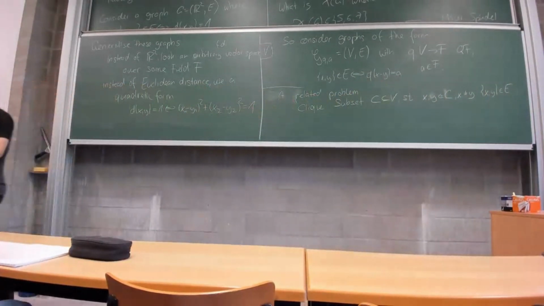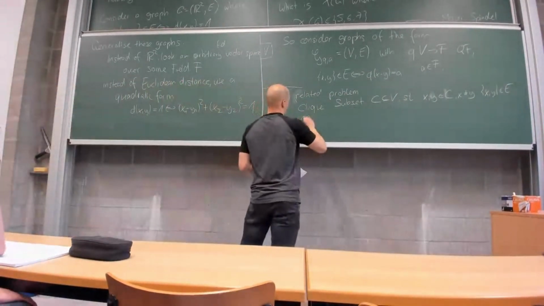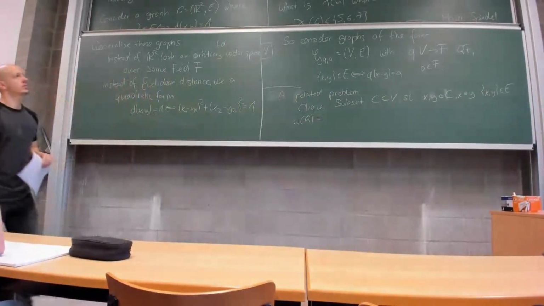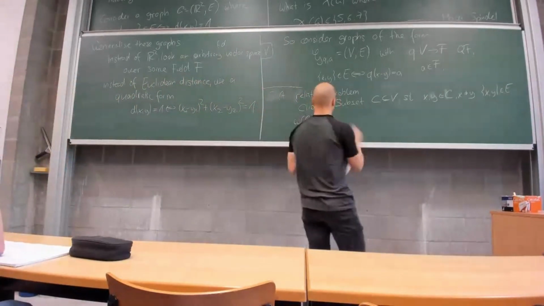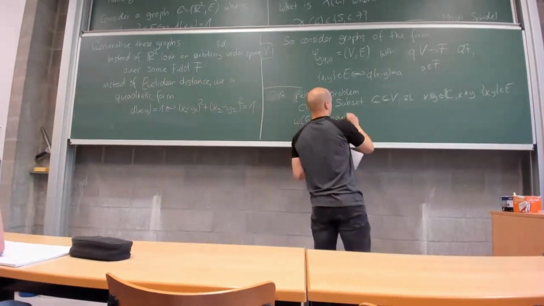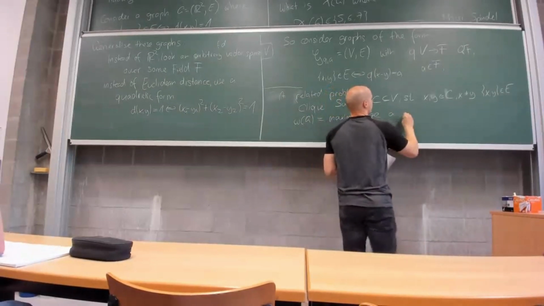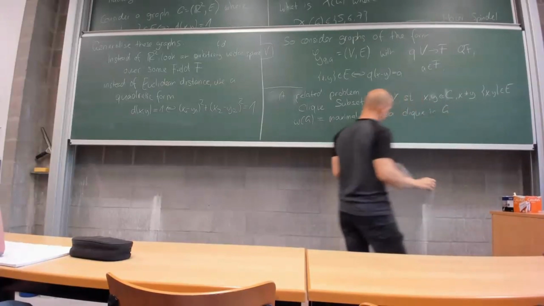So it's a complete subgraph. Omega of G is an invariant of the graph, similarly defined as the maximal size of a clique in G.